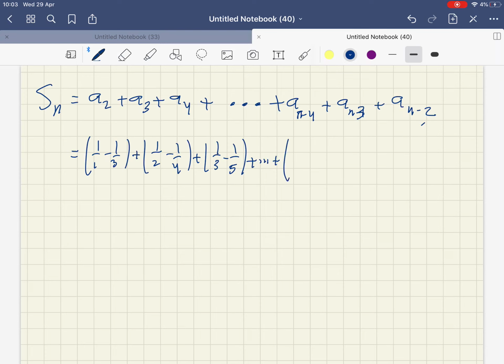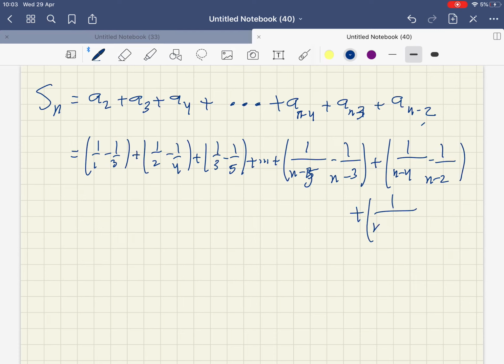An minus 4 will be 1 over n minus 5 minus 1 over n minus 3. An minus 3 will be 1 over n minus 4 minus 1 over n minus 2, and the last one will be 1 over n minus 3 minus 1 over n minus 1.